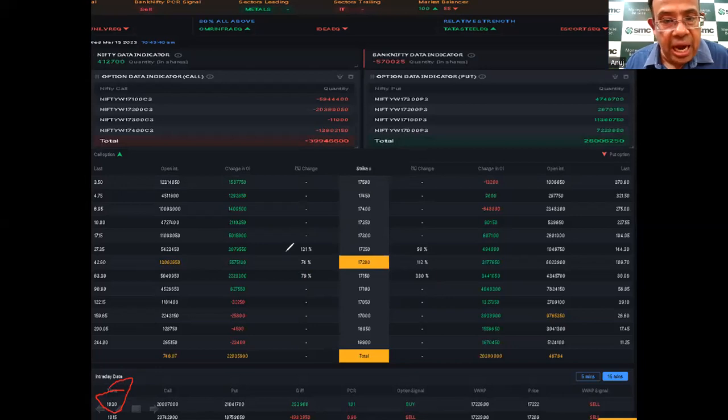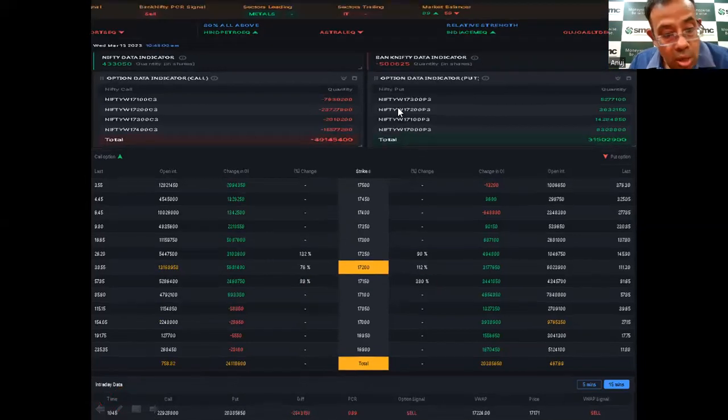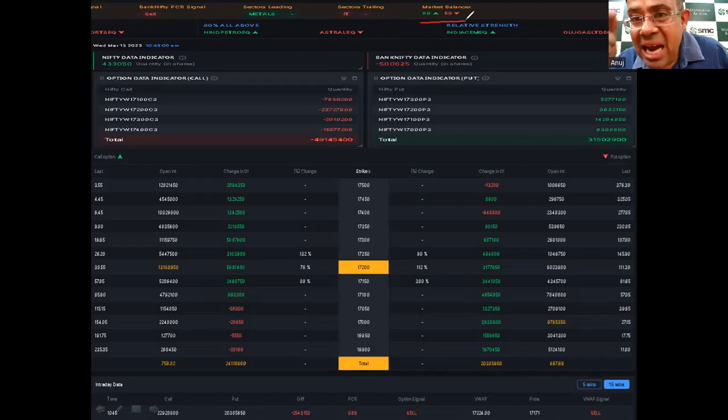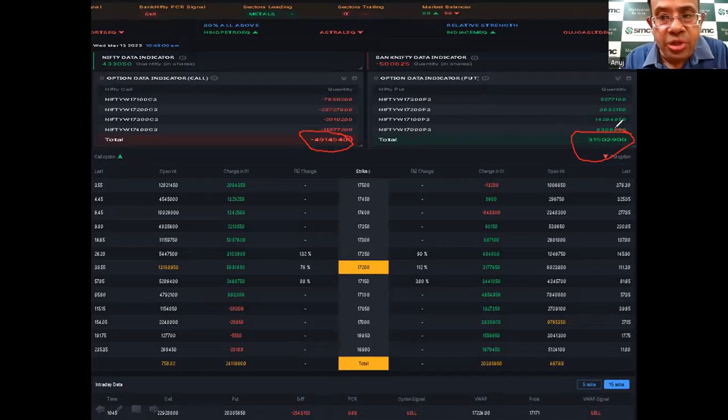Now coming on to the second slide. Now look, market balancer in the previous slide was 100. Now the market balancer is 89 to 59, right? And just look at the flow of money in call option and put option.